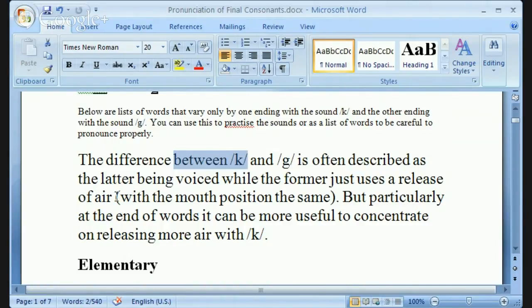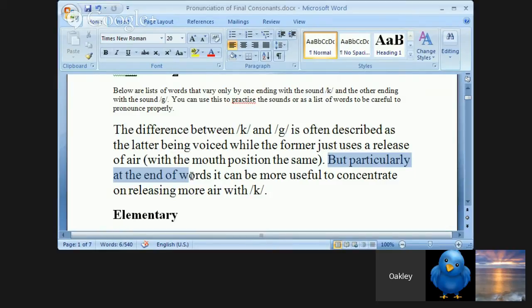Okay, the mouth position is exactly the same. I'm going to show you that again in just a second. But particularly at the ends of words, for our initial practice, carefully pronouncing the words, it may be more useful for you to concentrate on releasing more air with the K, okay?